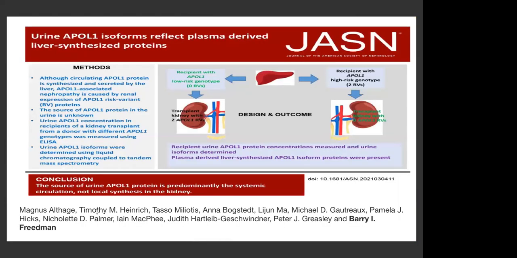There is one paper from 2021 where they transplanted a kidney having the risk variant into a patient who has wild type APOL1, and in another patient, the patient had risk variants and the transplanted kidney was wild type. They analyzed the urine, and they found that the secreted APOL1 belongs to the liver, not to the podocytes, and they confirmed that it comes from the liver, not from the podocytes.